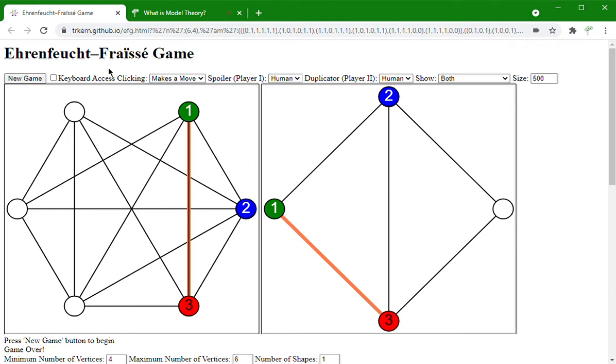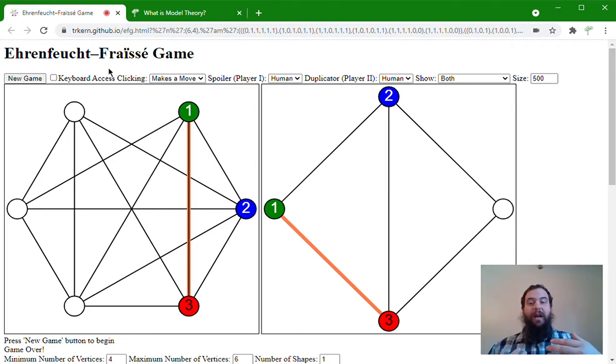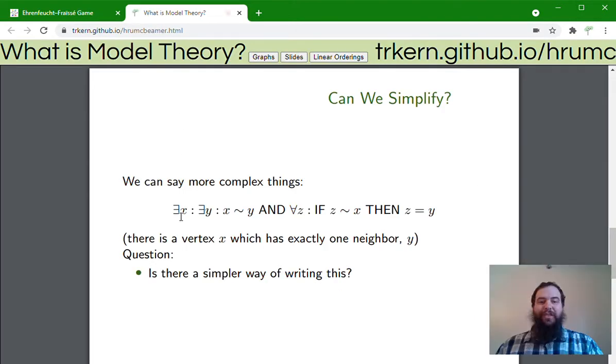And in this game, if you remember, spoiler played 2 moves on the right-hand graph, followed by 1 move on the left-hand graph, right? So that 2 followed by 1 is the same as the 2 followed by 1 of the quantifiers in this formula.